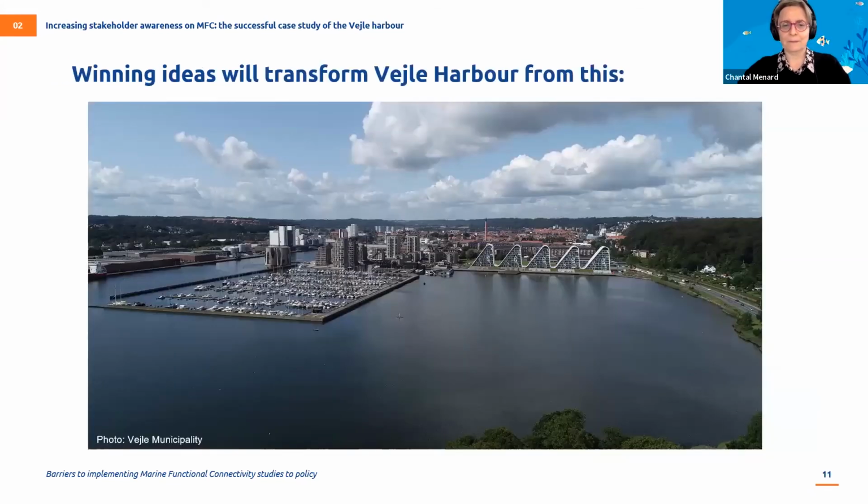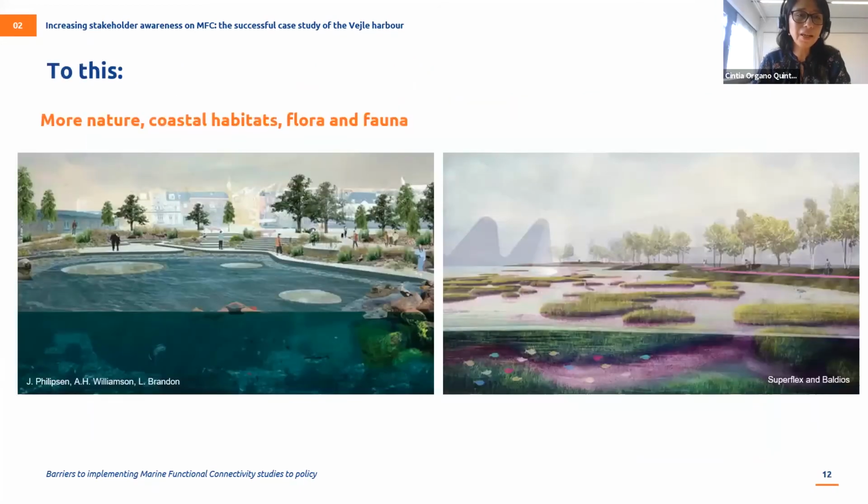Please, next. So just to show you the city I was talking about, this is the harbor front of Vejlefjord. So the winning ideas will ideally transform the harbor from this to this, where we don't have a lot of concrete, we bring water quality back, we bring reefs and boulders for plants to grow.